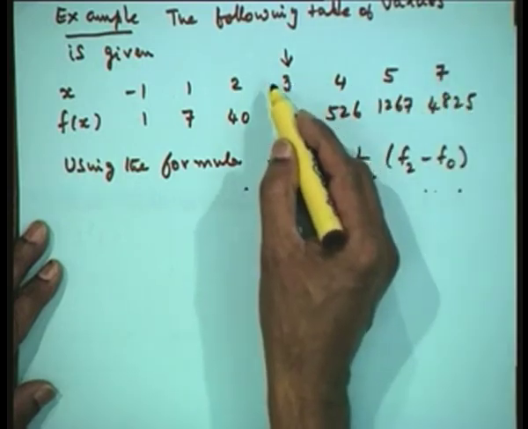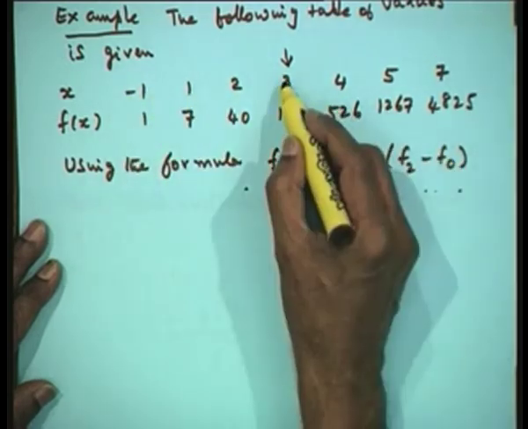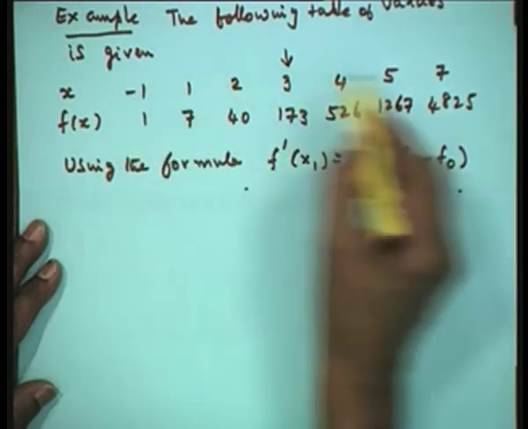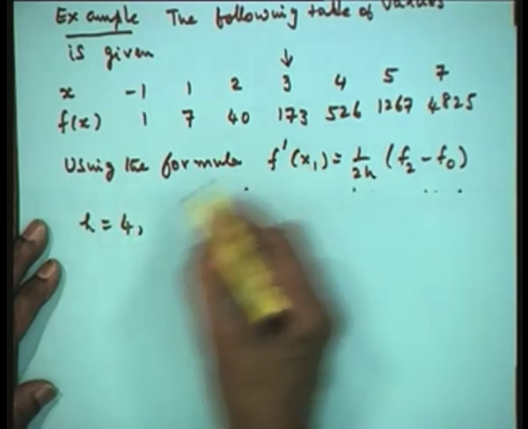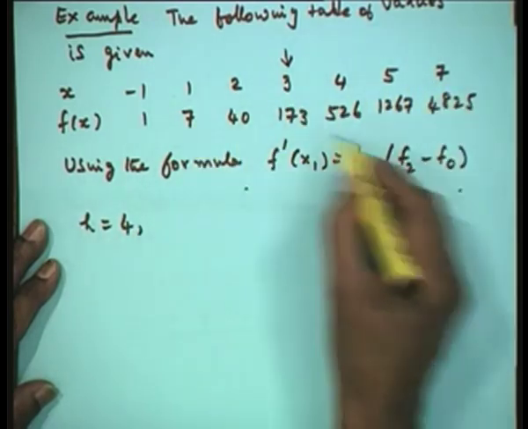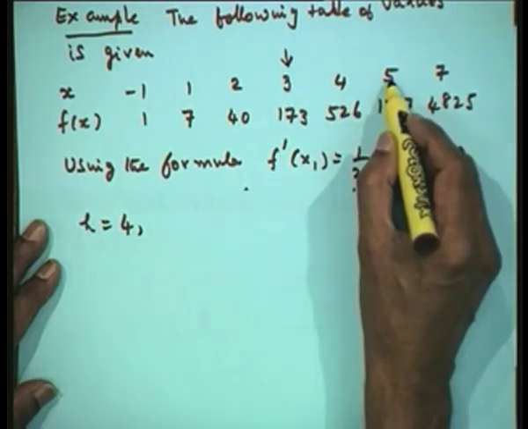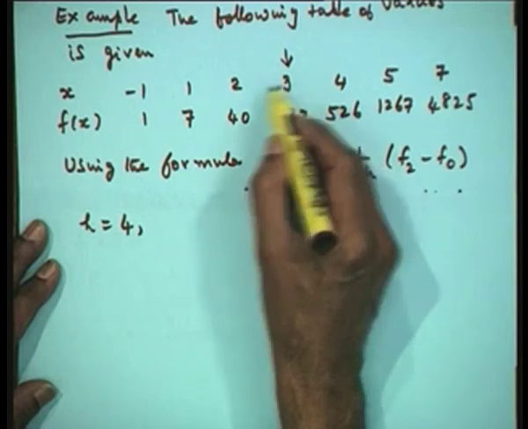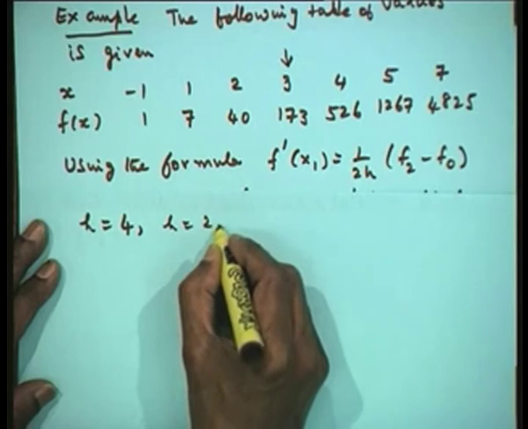Now, if there is a value available for us at a distance 4 behind, I can use the formula. This is 4 ahead and this is 4 behind. So, I can use these two values with a step length of h is equal to 4 and get an approximation for this. Now, with 3, 5 is also given which is at a distance of 2 and at a distance of 2 behind also is given to us. So, I can also compute with h is equal to 2.